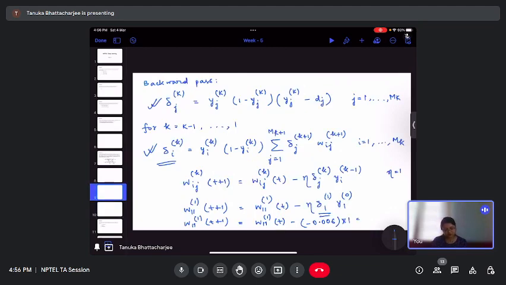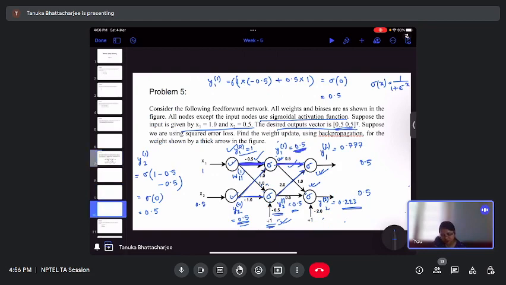So the final formula becomes W111 at t plus 0.006. Now what was your W111 initially? It was minus 0.5.